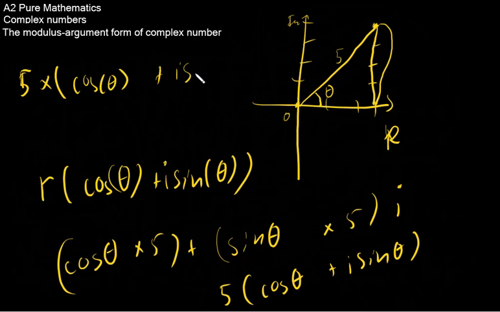This is what we call the polar form of a complex number, or the modulus argument form of a complex number.